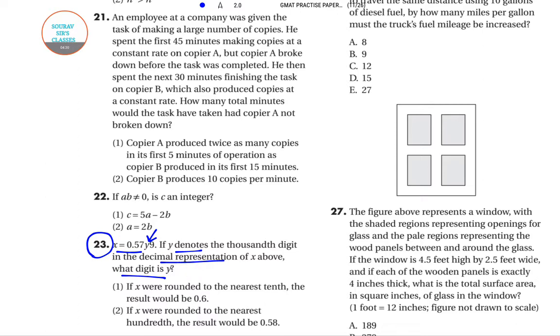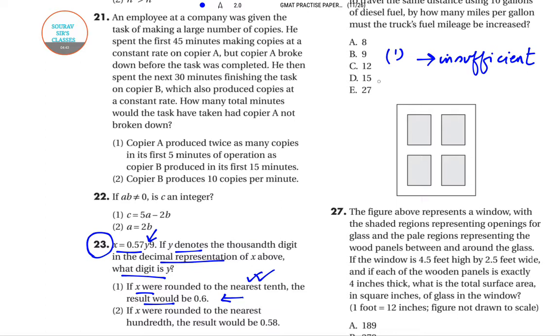Let us analyze them one by one. First is statement 1. It says if x were rounded to the nearest tenth, the result would be 0.6. If you look at statement 1, you can clearly say that it is insufficient, and I should provide a reason to support my answer.